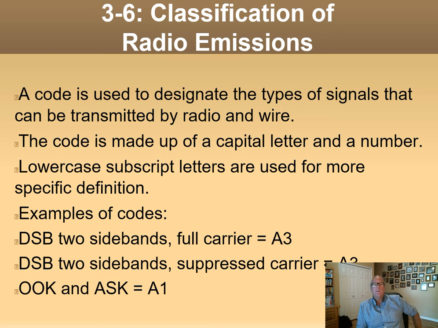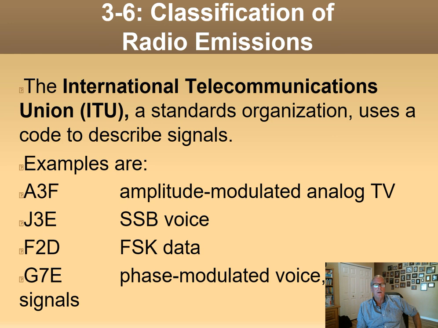Okay, lastly we have classification of radio emissions. So there's all these different techniques, right? Regular straight broadcast, there's double sideband, suppressed carrier double sideband, there's ASK. So here's some codes, if you will: A3F, amplitude modulated analog TV, SSB voice, FSK data. These are what these codes mean. I do not expect you to memorize any of these codes.